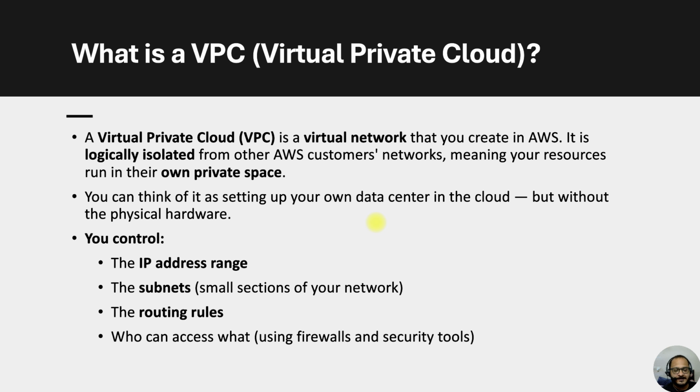Whenever you create an AWS account, you can see all the services are public, but you want to deploy your own resources in a separate network where only you or your organization have access, and no one else can access these resources because of security.